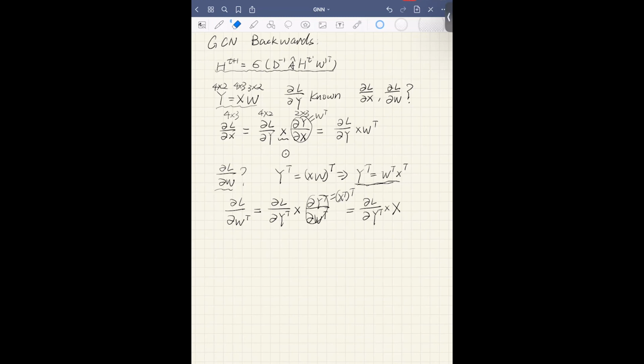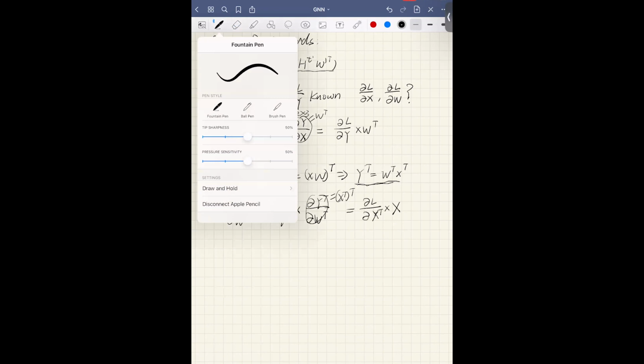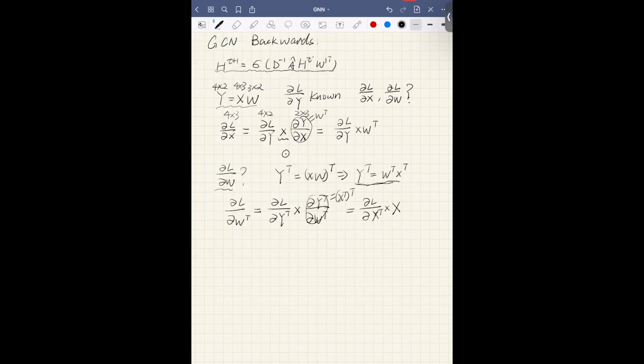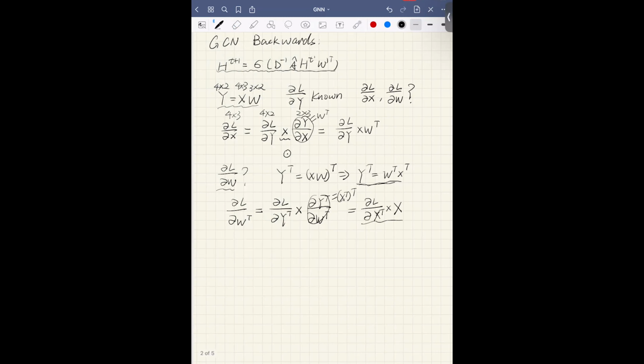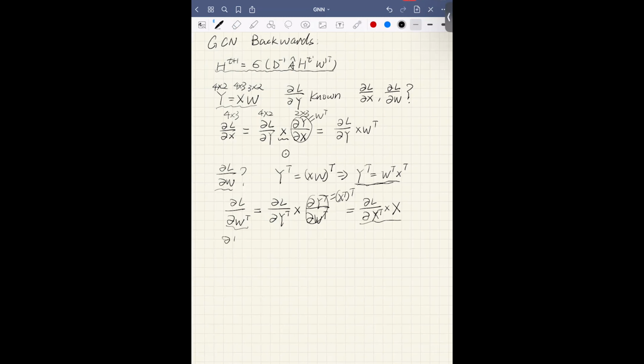So this term is d loss dw transpose, because d loss dw equals d loss dw transpose transpose, and we can transform this inner term into d loss dw transpose.